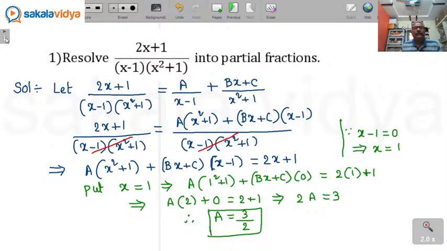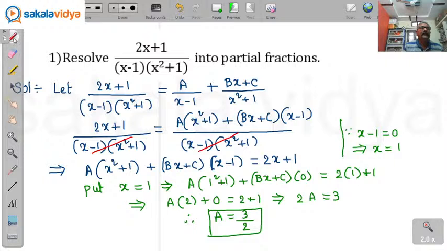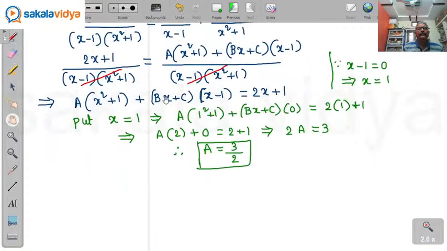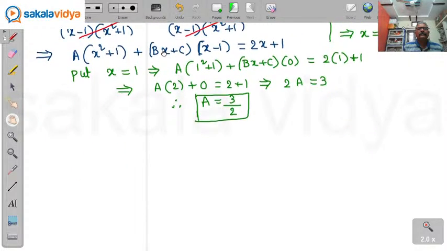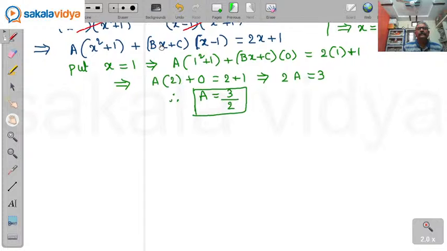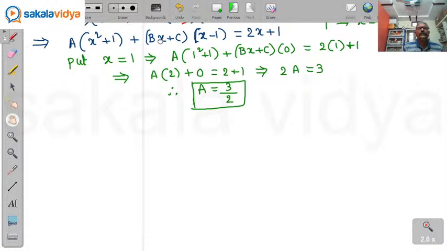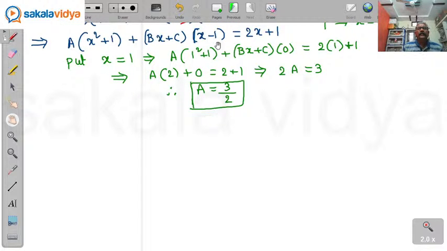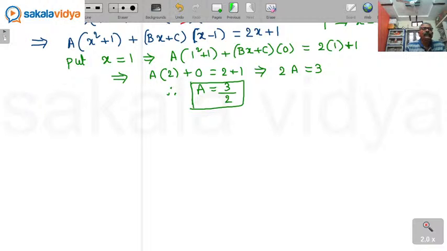Now let us move to find the b and c values. I will explain. Now we need to find out the b and c values. Just simplify it.